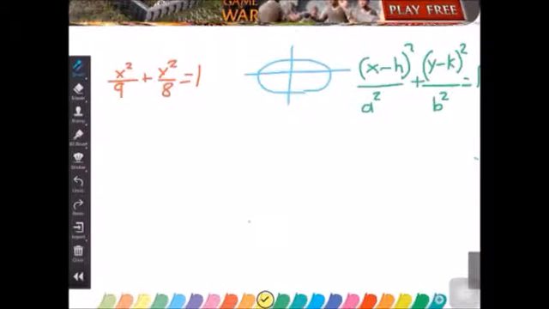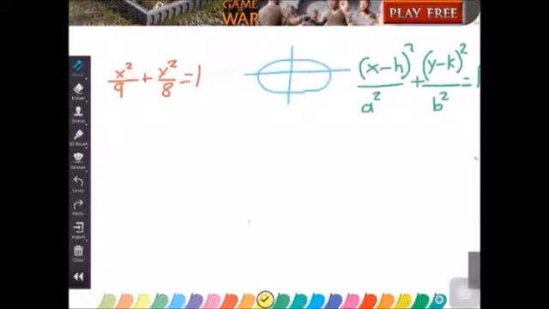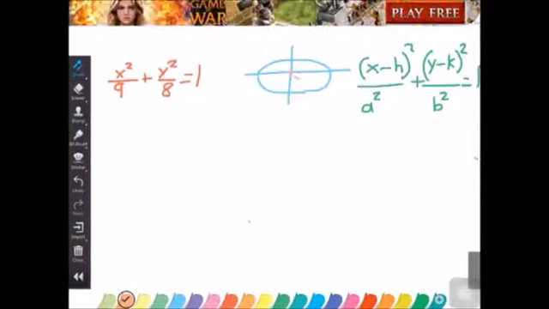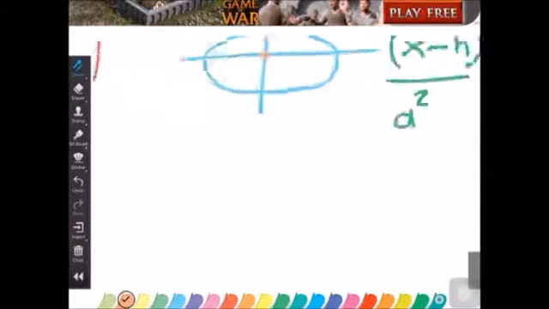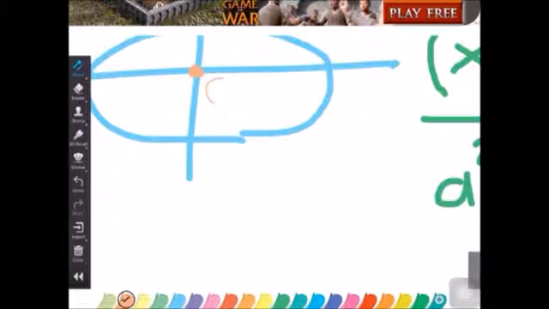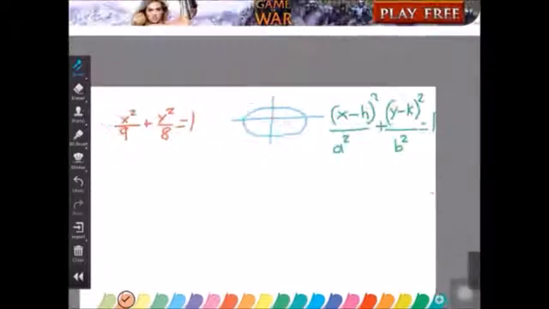But since our equation doesn't have any, we know that our center is actually going to be at 0. Let's zoom in and make that look a little nicer. We know that our center is going to be at 0, 0. Simple as that.